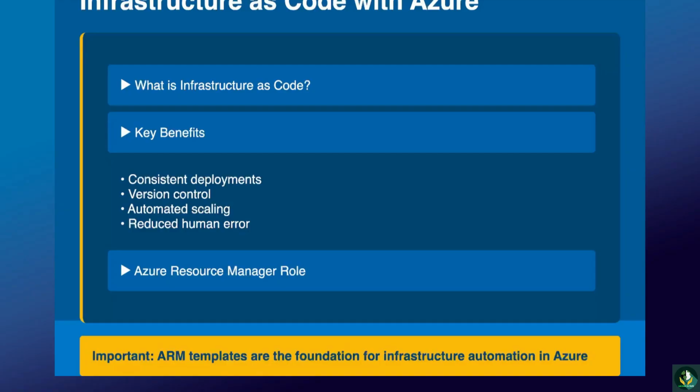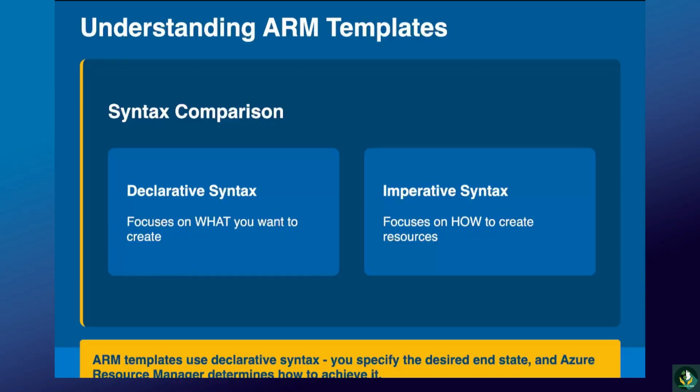And of course, better traceability. You can track changes to infrastructure through version control systems like Git. So ARM templates are a key tool for implementing infrastructure as code in Azure. They enable you to define and deploy resources in a declarative way. Let's take a closer look at ARM templates.